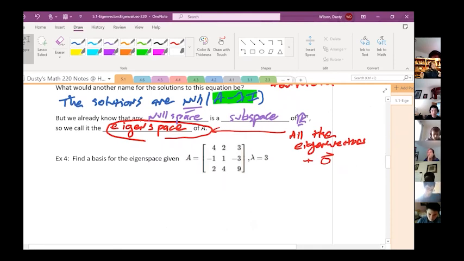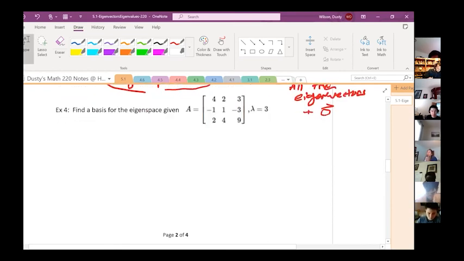So let's find a basis for the eigenspace of the matrix A given, with lambda equals 3. Similar thing to before. So we're going to start with that homogeneous equation.